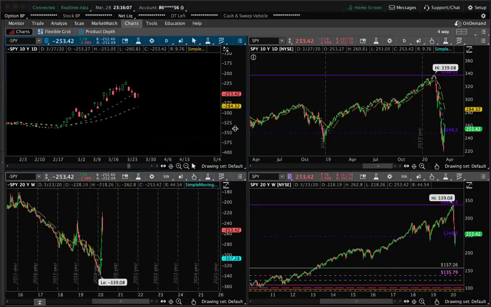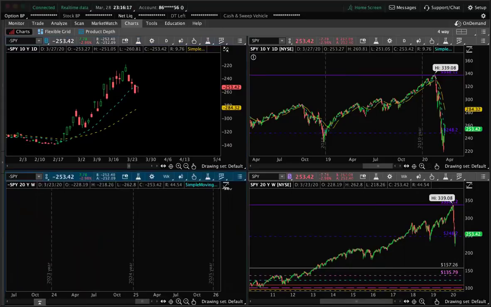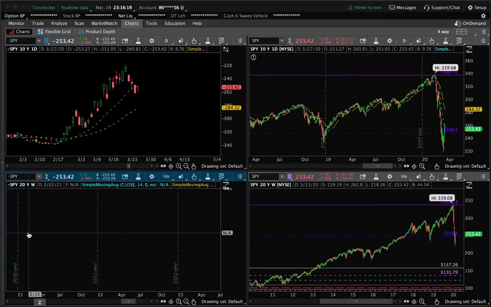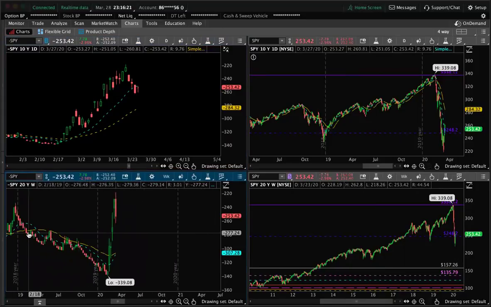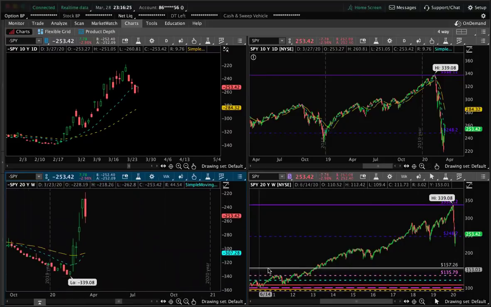Pretty simple, just 14 and 30 SMA. Got a bearish engulfing, inverted.